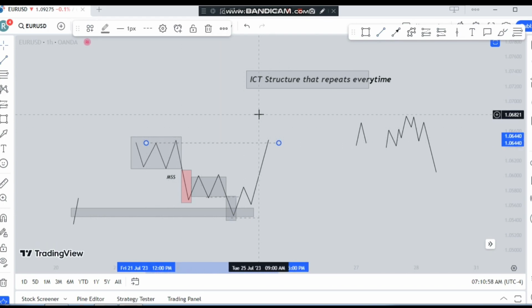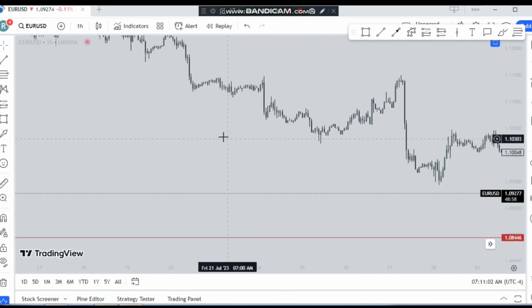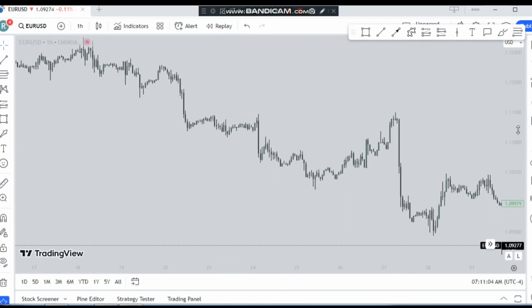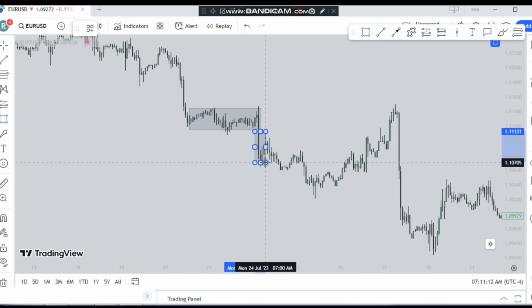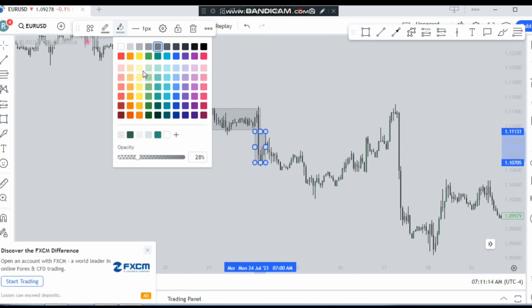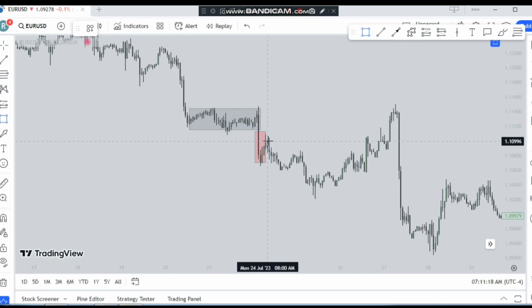Okay, now I will show you this example on the chart. Let me show you. You can see it happened a few days back. You can see this is the consolidation, then the market structure shift happened in the downward side. Okay, this was the market structure shift to the downside, then again it entered into a consolidation phase.